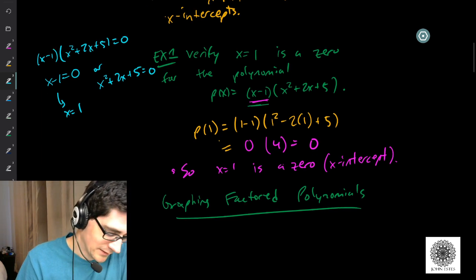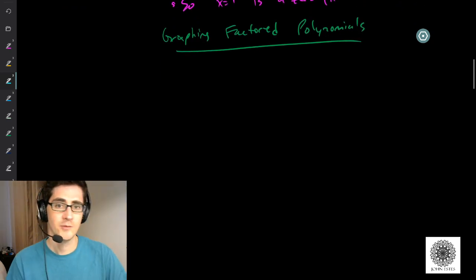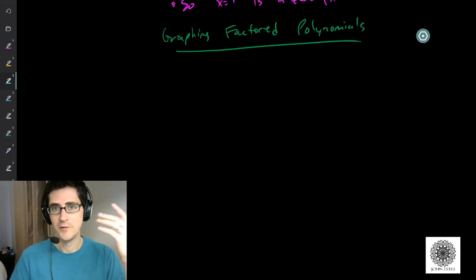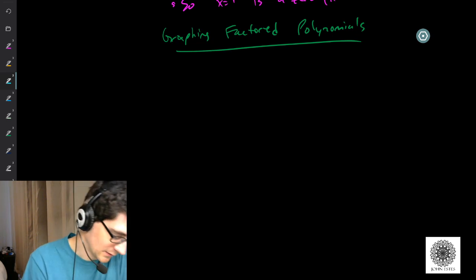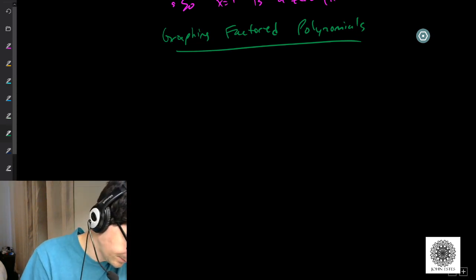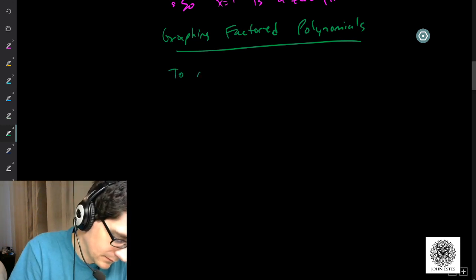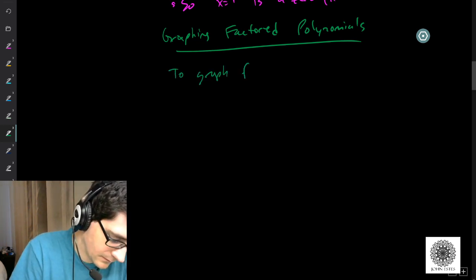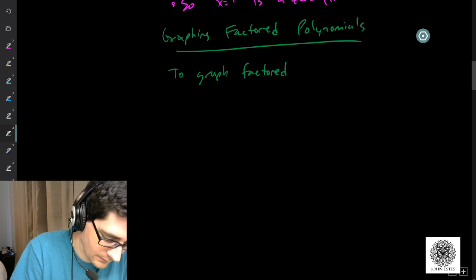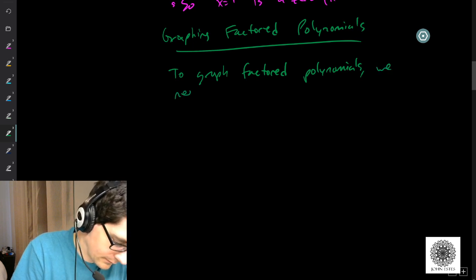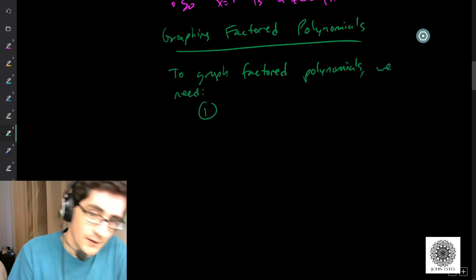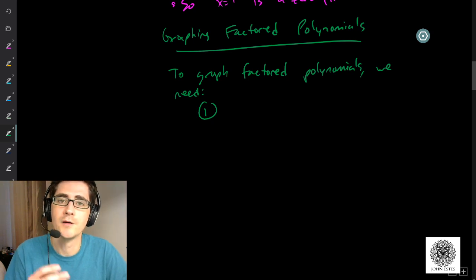Okay, so that's why we want to graph factored polynomials, because once it's factored, we can easily find the x-intercepts. And so there's two big things we need to graph factored polynomials. One, we need to find what we call the end behavior.